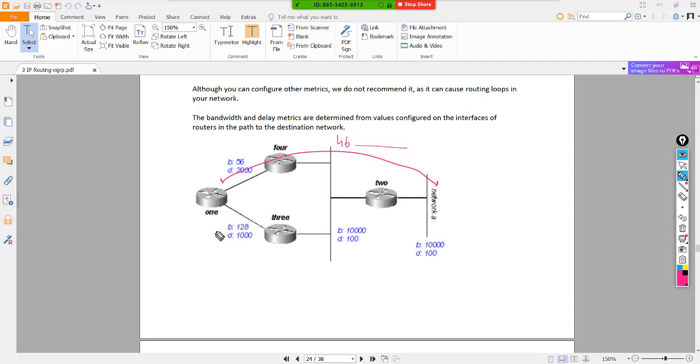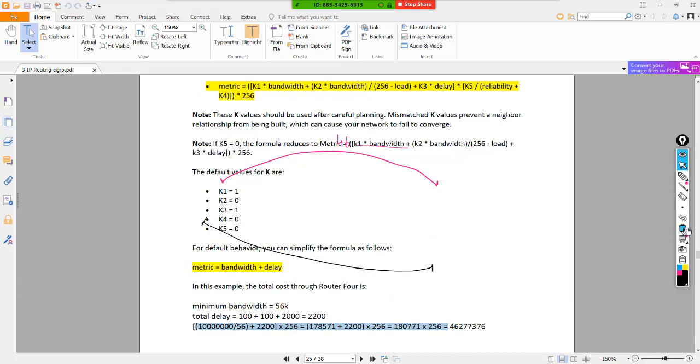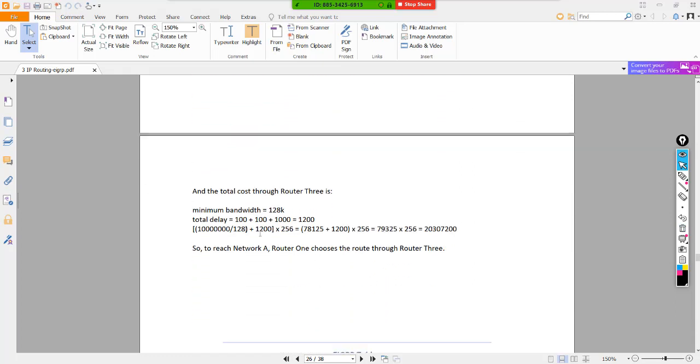Similarly, I also have to find the cost value for this path. The same formula once again, nothing changed. So let's see what the value is for the second path. Bandwidth is better here, 128K. Total delay is the total topology delay, and if you make use of the formula, you're going to get this value.